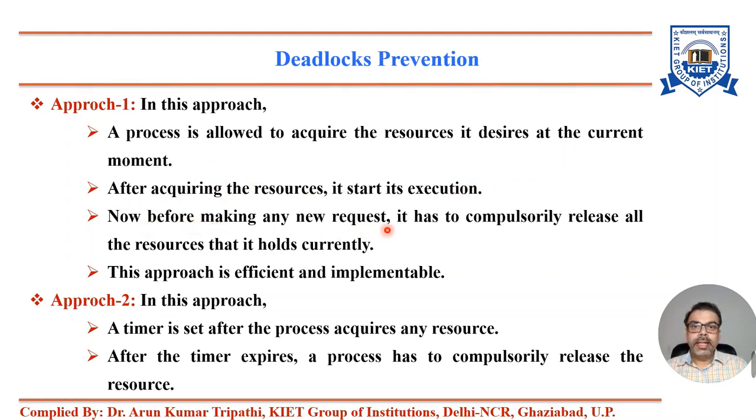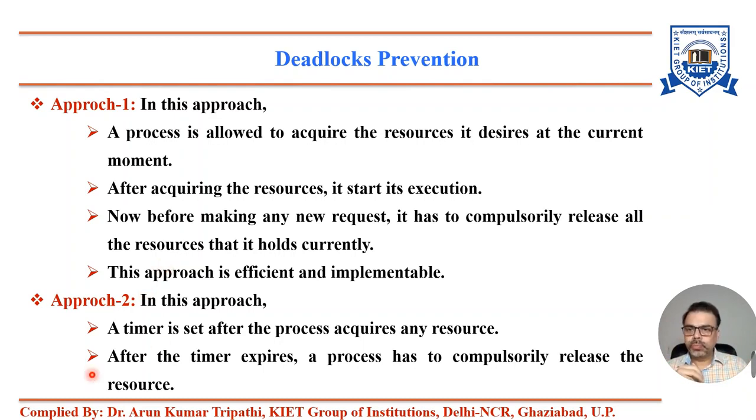Now, before making any request, it is compulsory to release all the resources that it currently holds. Suppose I hold four resources and require two more. I will first release all four resources that I have, and then request from the system the six resources that I want.